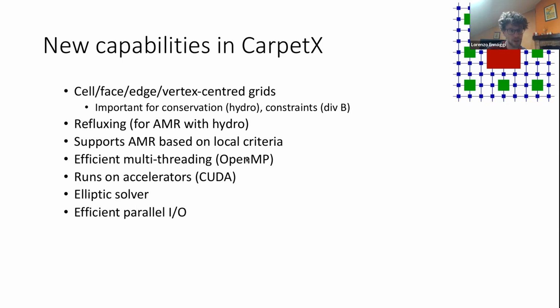As I mentioned before, CarpetX supports adaptive mesh refinement, which is really adaptive in the sense that it's based on local criteria.